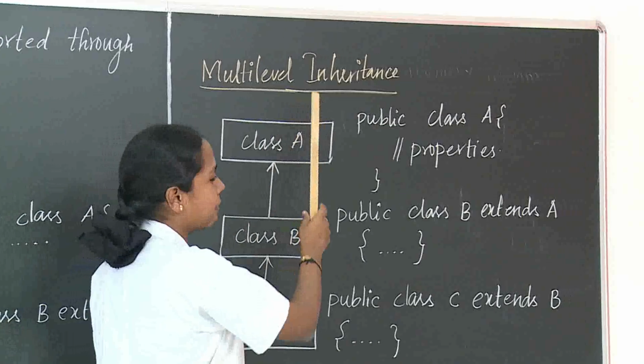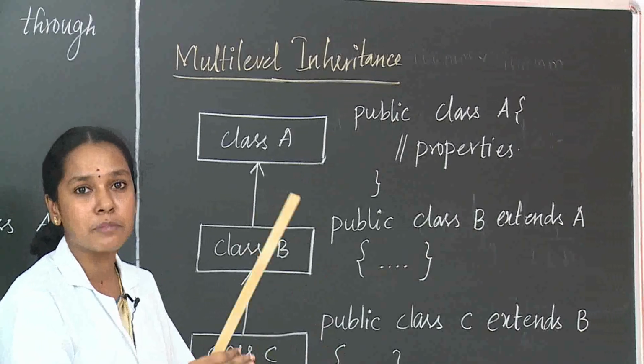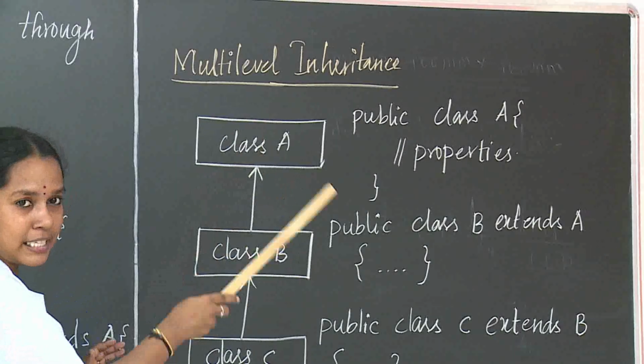Next one is multi-level. Multi-level means more than one level of inheritance, more than one subclass. I am going to access it through more than one subclass. That is called multi-level.